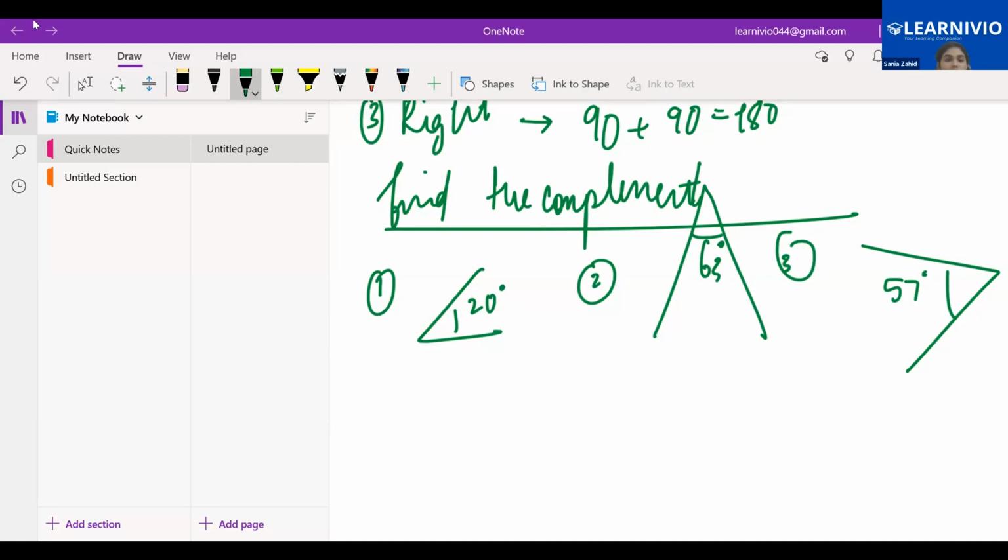Just wait for Manha. By the time, Rasan, you can recheck your answers. Okay, ma'am. Done, ma'am.